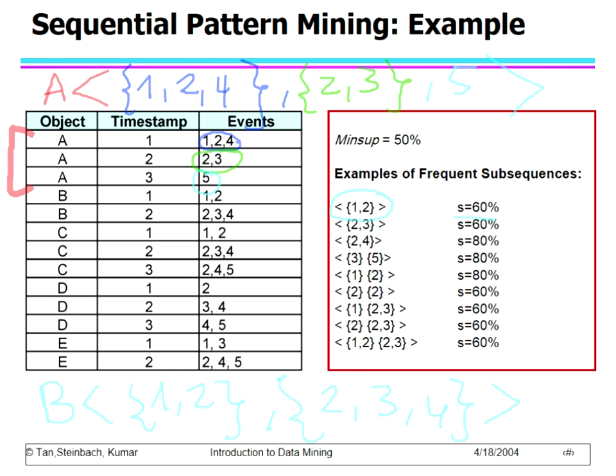We will count the number of objects that contain 1, 2. So how many objects do we have here? We have A, B, C, D, and E. 1, 2, 3, 4, 5. So we will divide by 5. Is it clear?